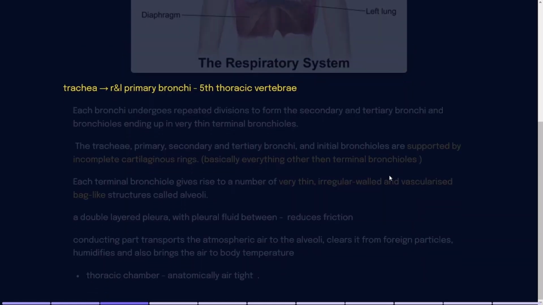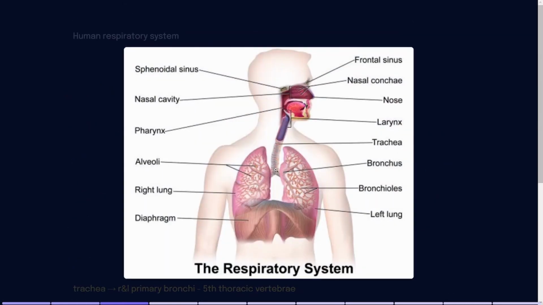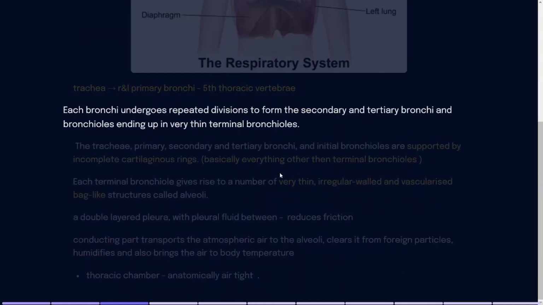So as you know, the trachea divides into right and left primary bronchi at the level of the fifth thoracic vertebra. Next, each bronchus undergoes repeated division to form secondary and tertiary bronchi and bronchioles, ending up in very thin terminal bronchioles.